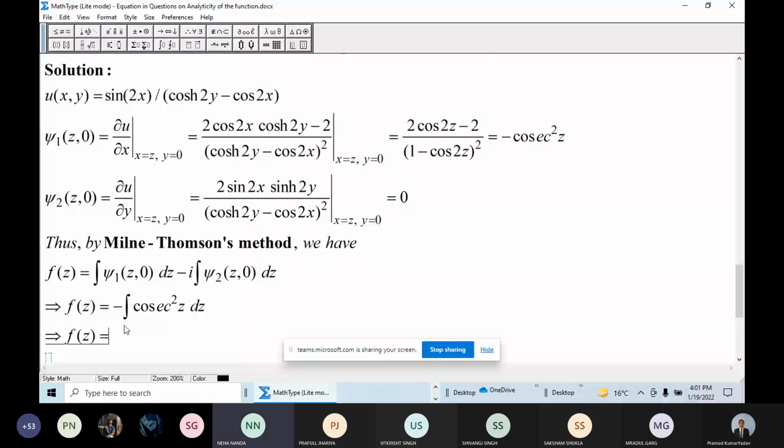Sir, cot z. Cot z. So this is cot z. We may use some constant of integration because in Milne-Thomson method we may use, otherwise no need. So simply f(z) is coming cot z. So you may realize that this method is quite easy as compared to the earlier method. But you should remember the formula. If we remember this formula, then we can use it directly and we can find the value of the analytic function.